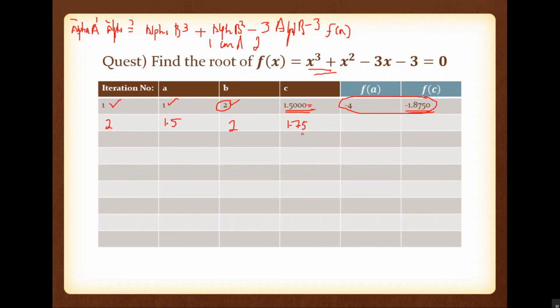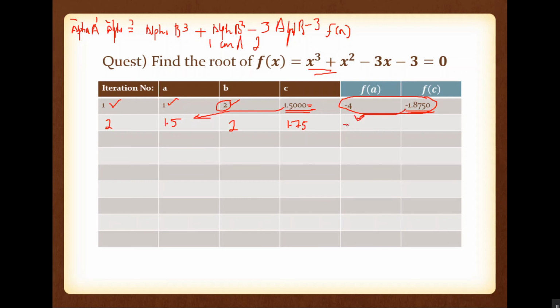Right. Now what is f of a? Again, there is no need to use a calculator. What is a? 1.5, that is nothing but the previous c. So the new f of a is the previous f of c. If c is copied into a, then definitely f of c is copied into f of a.